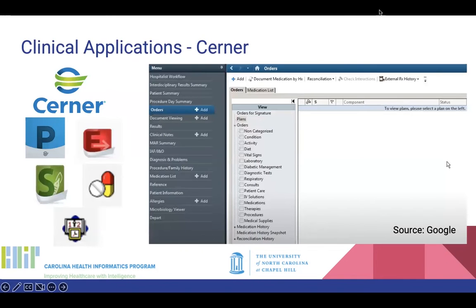Let's talk about one of the clinical applications here, which is Cerner. There were other teams that assisted with Epic as well, but I was mainly on the Cerner and Allscripts team. I helped resolve issues with the Cerner PowerChart, and this is a picture taken from Google of how a PowerChart looks.